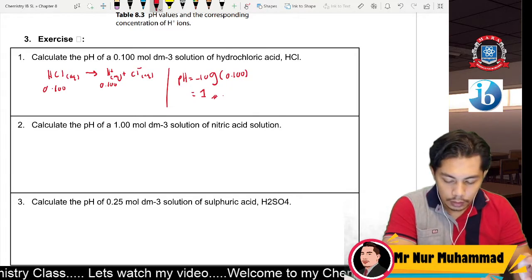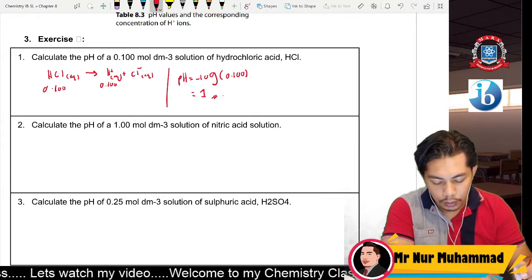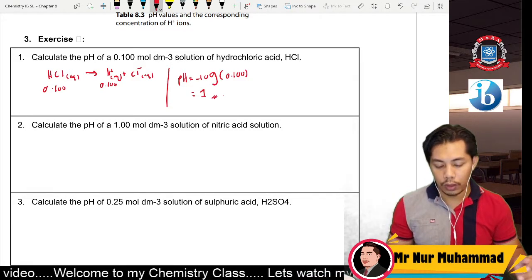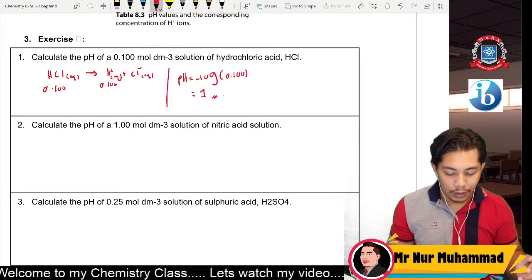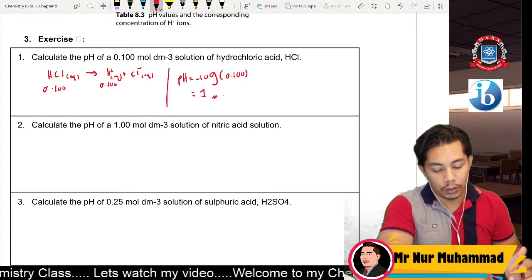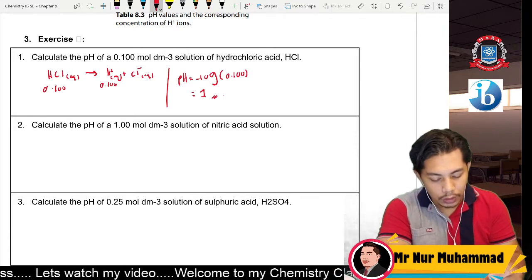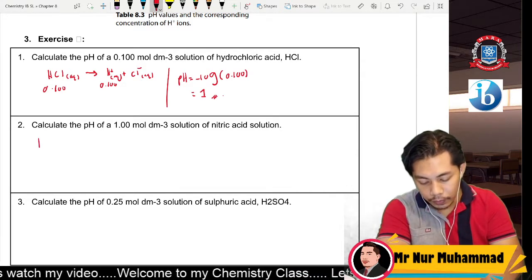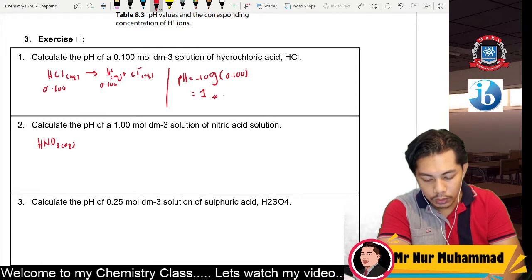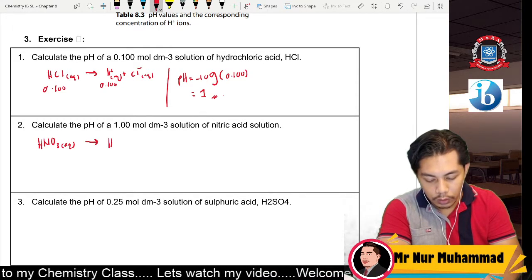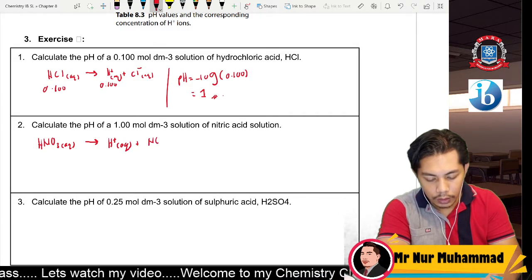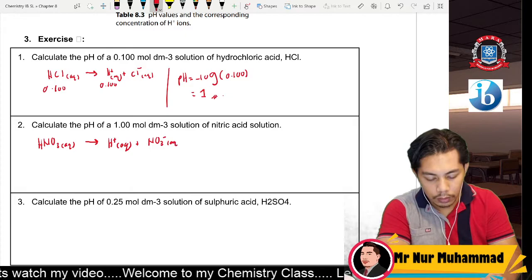Next, calculate the pH from the concentration of nitric acid. In this question the concentration of hydrogen ion is not given directly, but you have to use a ratio to find the concentration of hydrogen ion. Nitric acid is monoprotic, HNO3 aqueous. In water it will ionize to produce hydrogen ion and nitrate ion.